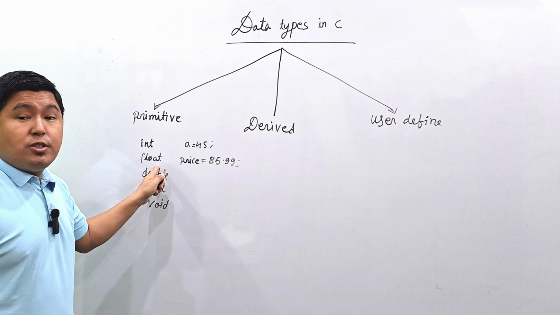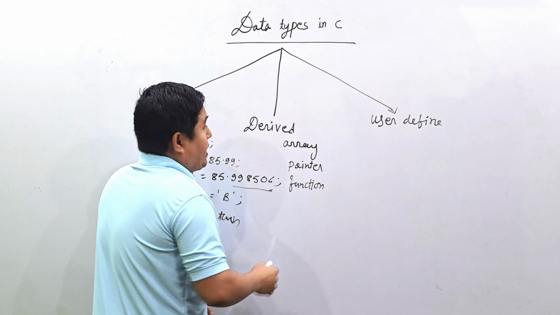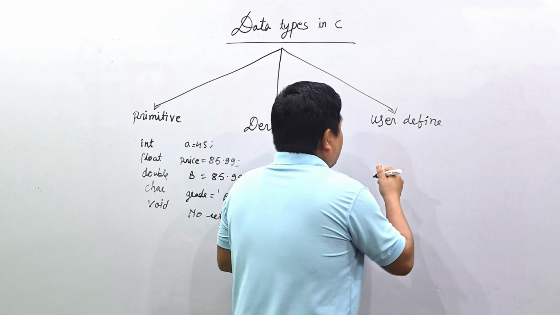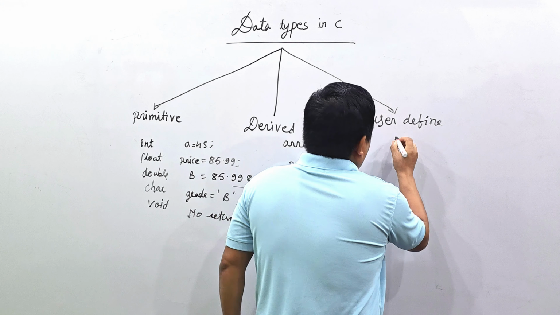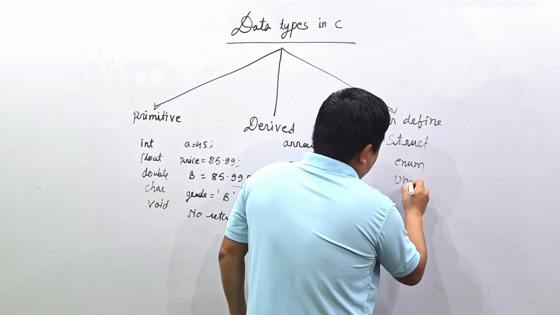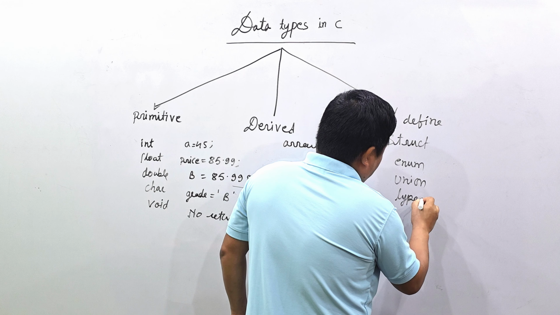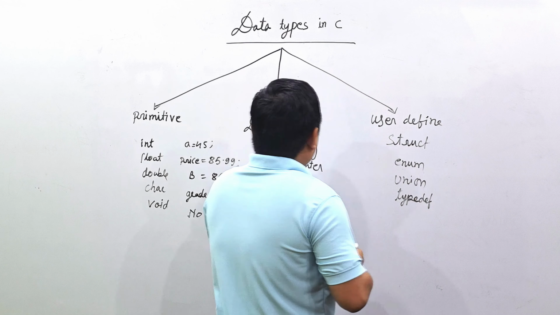And the derived data types are array, pointer, and function. And the user defined data types are struct, enum, union, and typedef.